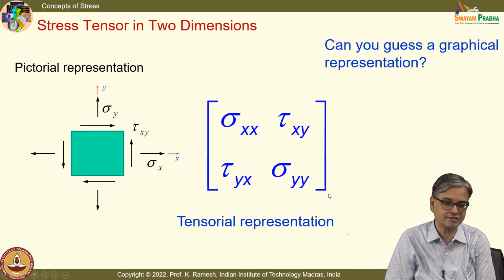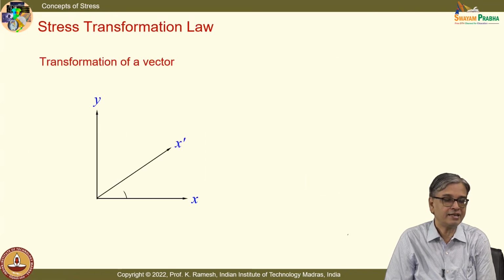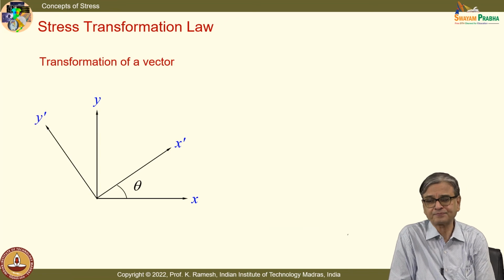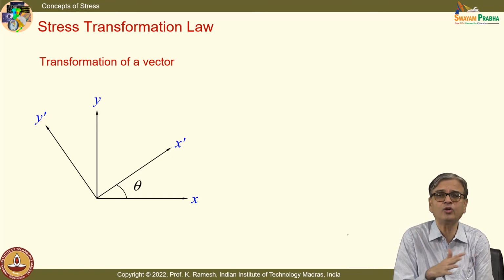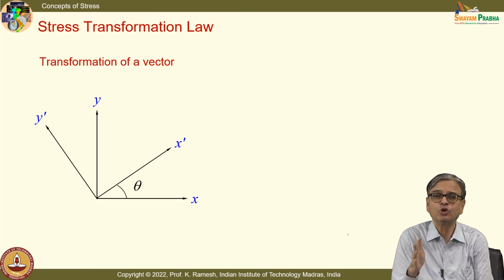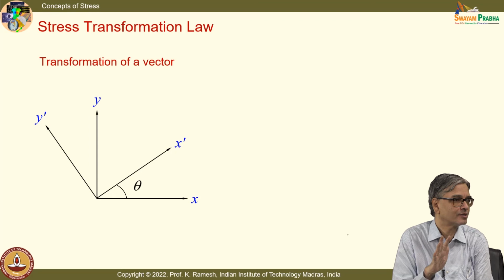We'll postpone the discussion to the next class. And what we want to know is how to transform from one reference axis to another reference axis. You all know how a vector transforms. No difficulty at all.